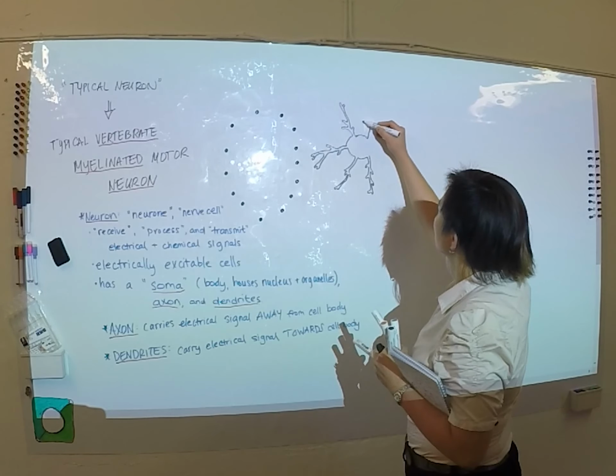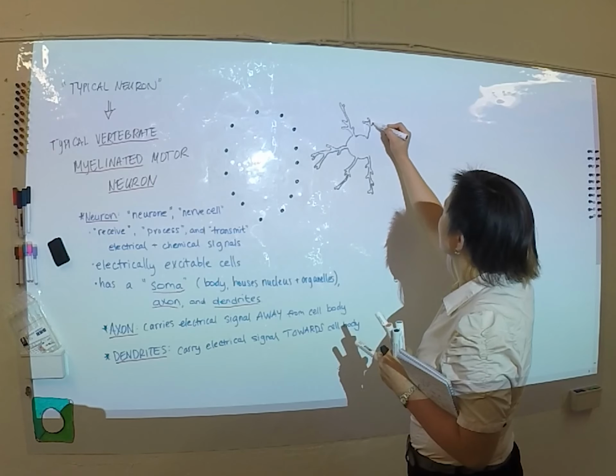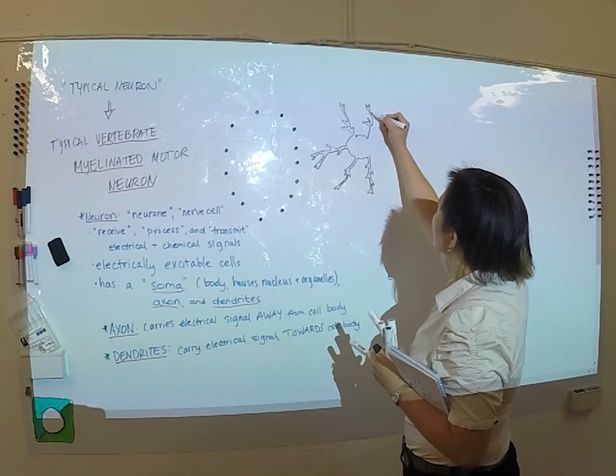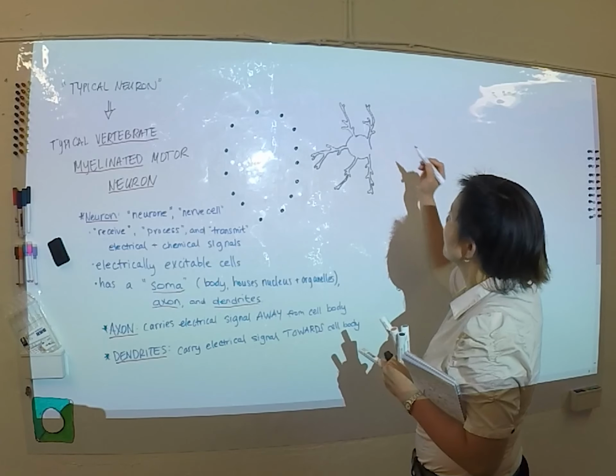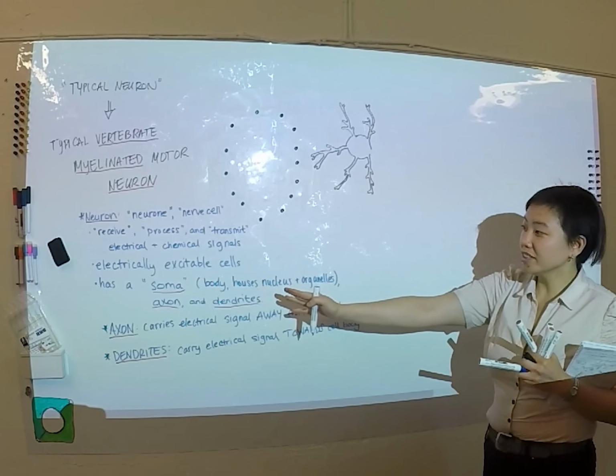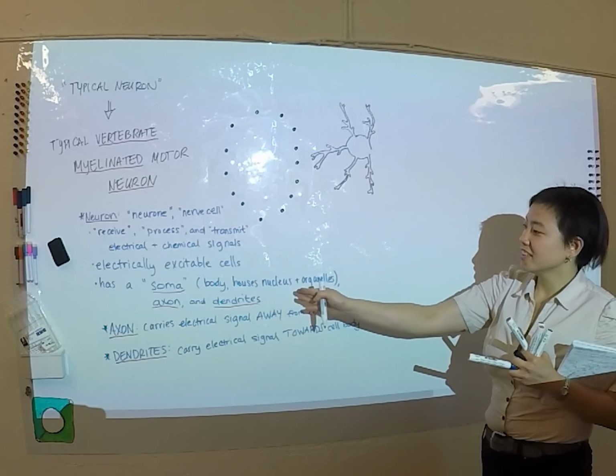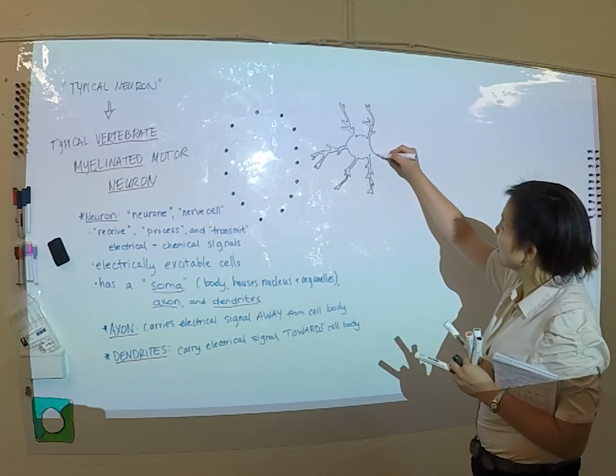Okay, and one more, why not? Okay, and then we said it has a soma, dendrites, and also an axon.